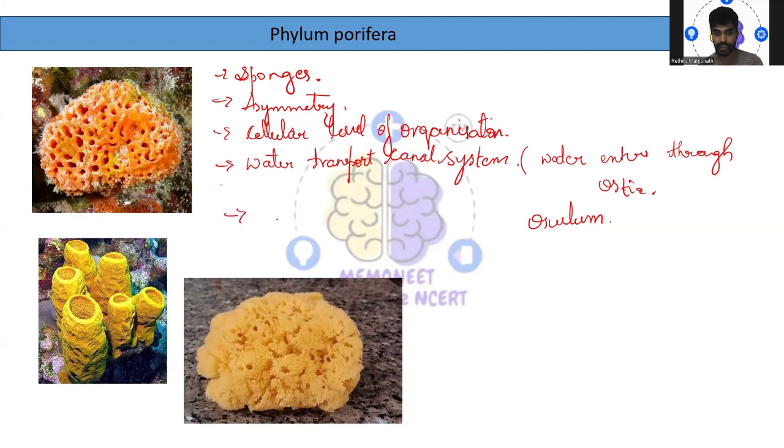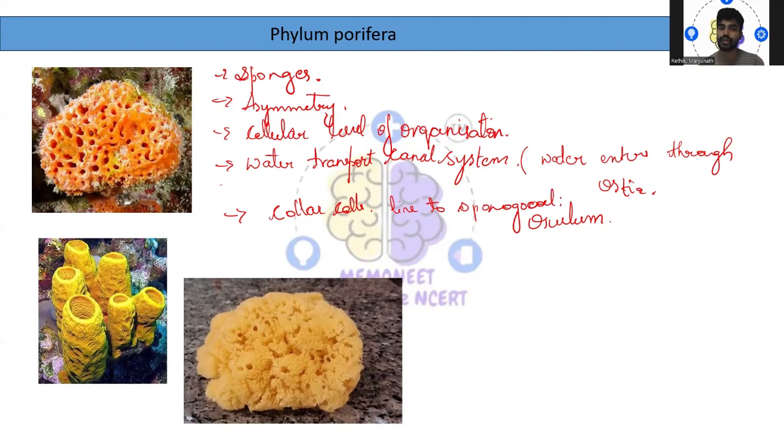Then we have another thing called collar cells. These collar cells you will find lining the spongocoel.